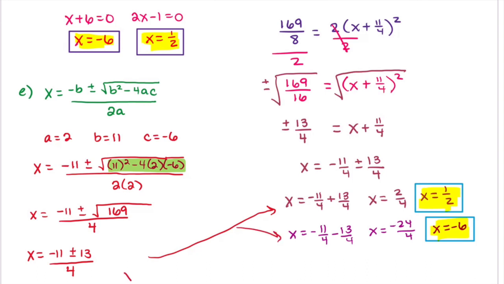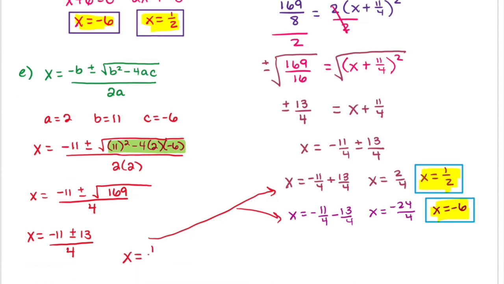So we have our x answers as 1/2 and x is equal to negative 6. The complete the square method and the quadratic formula are very linked together, so you're going to get similar answers, especially when you have radicals that can be simplified. And that is all for the mixtures of all types of forms and how you would write your roots of a quadratic function.